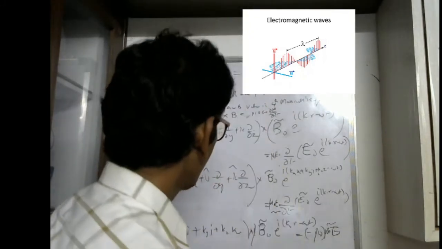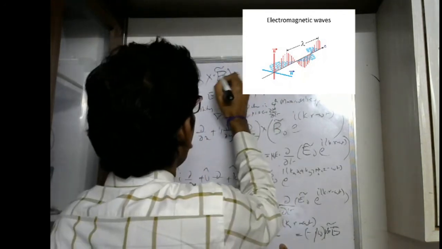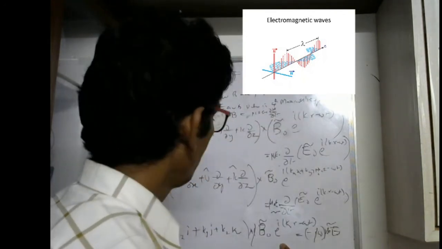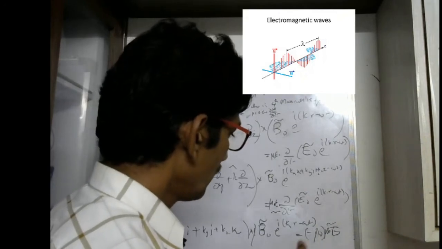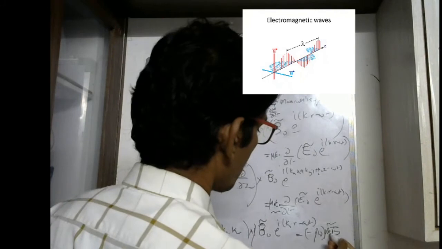Now what we have to write here: this is K cross, what is this entire thing, B, is equal to, on this side, mu naught epsilon naught.